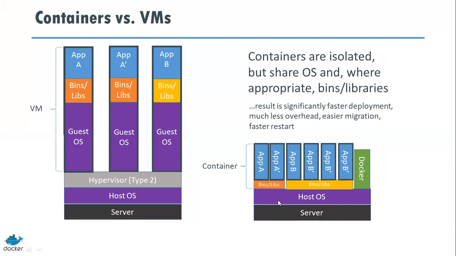Now, if here you see it was application 1.0, it was 1.1, right? Different versions of the same application. If anything like that happens here, then they can share what is common. So most of the things they would be able to share.